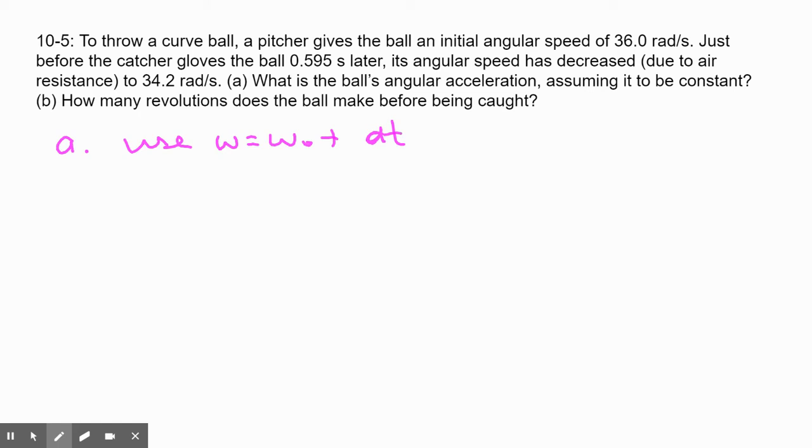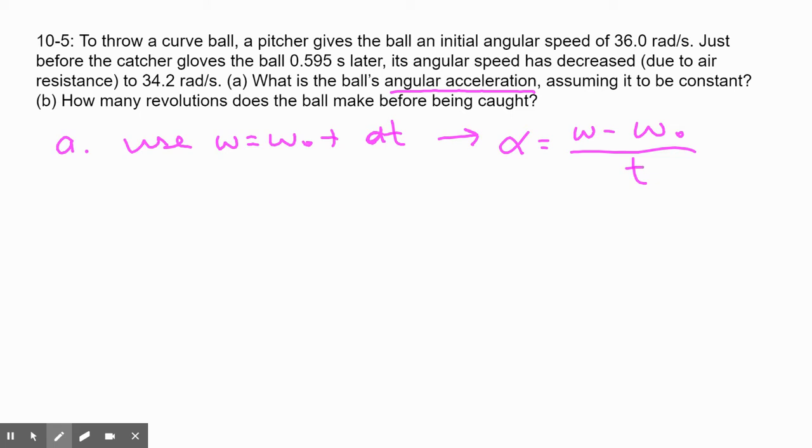Okay. Since we were asked to find the angular acceleration, we should rearrange this equation so that we are actually solving for the acceleration. So when I do that, I'll find that my angular acceleration is equal to omega minus omega naught over t.